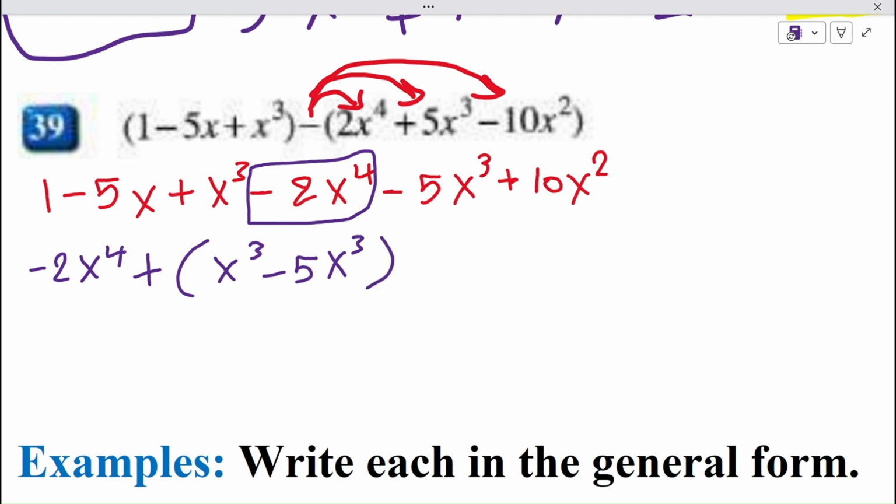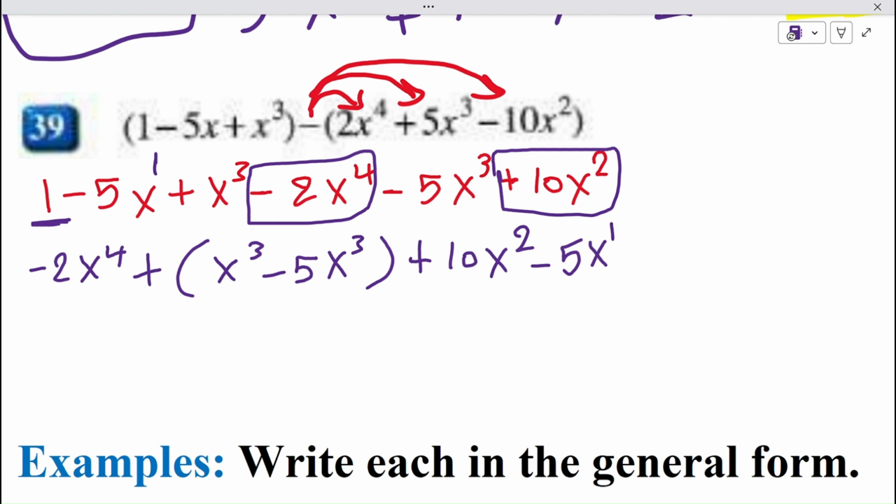After x to the power 3, we have x to the power 2. Here we have just this term, plus 10x to the power 2. After x to the power 2, we have 1x to the power 1, then this constant: minus 5x to the power 1 and plus 1.